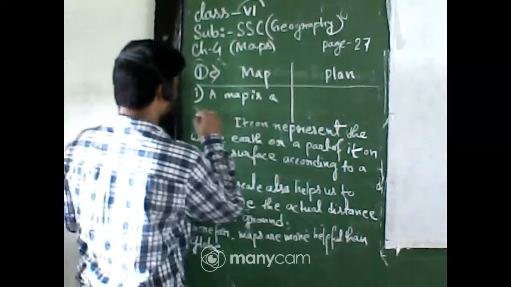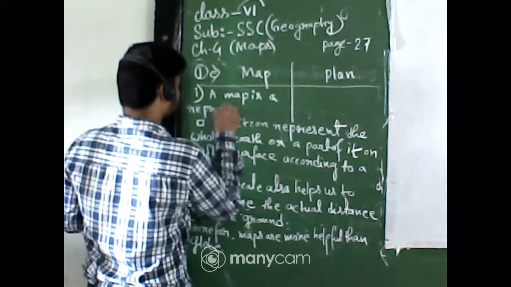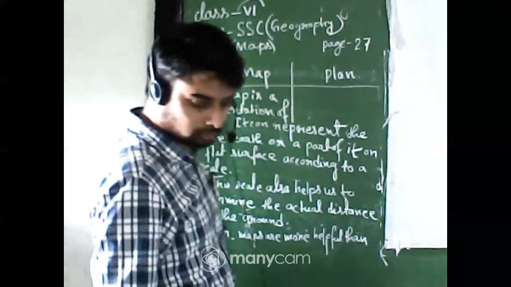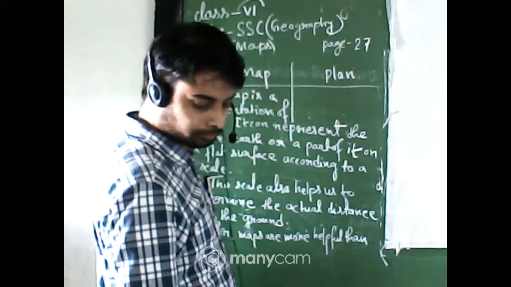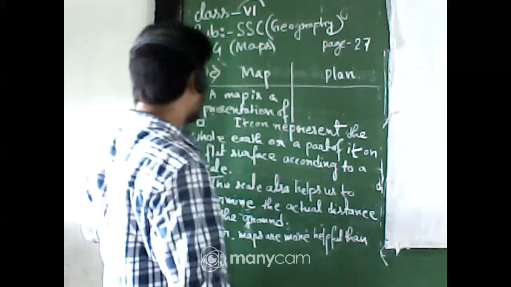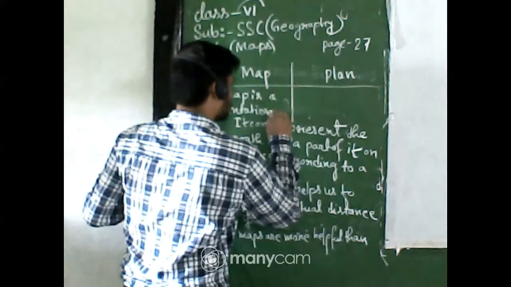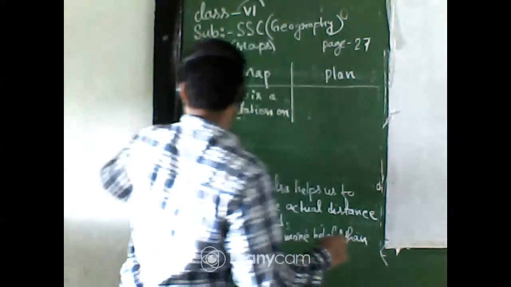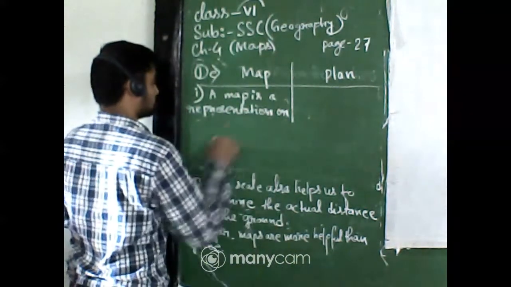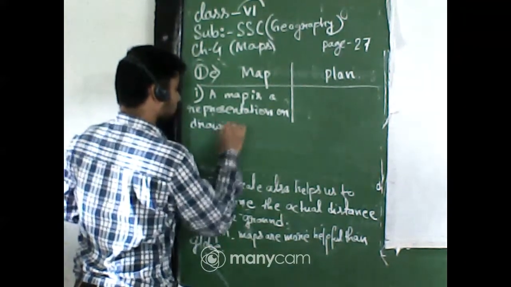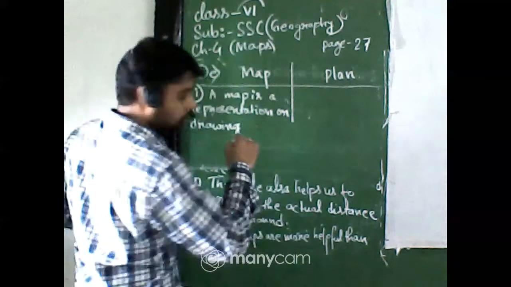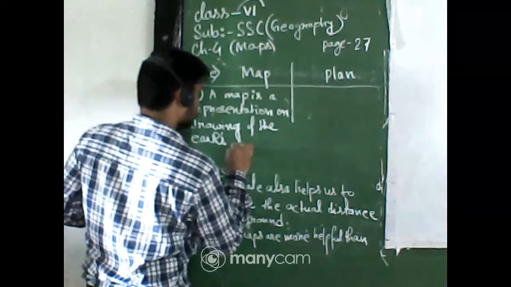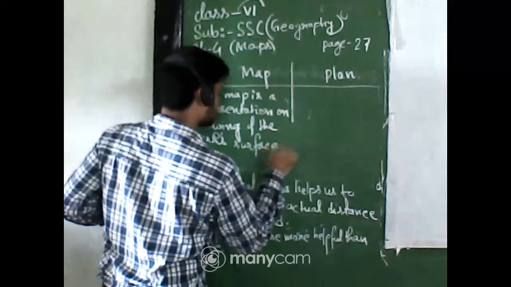A map is a representation or drawing of the earth's surface. Full stop.